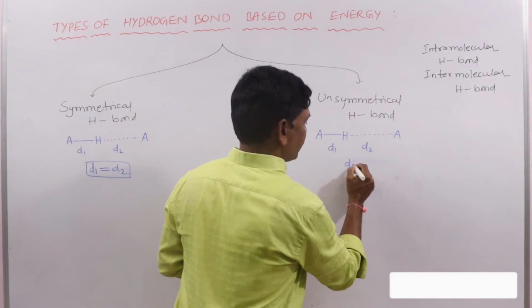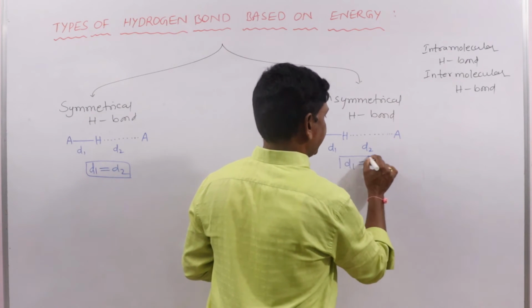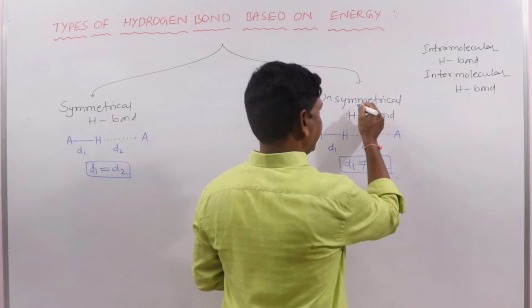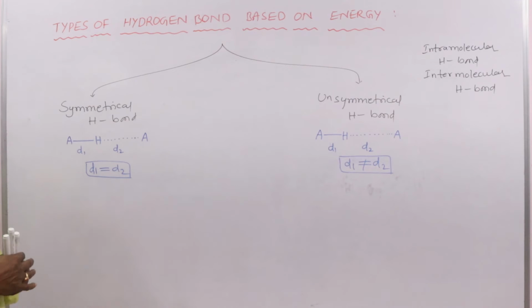The condition is: if D1 is not equal to D2, that is known as an unsymmetrical hydrogen bond.